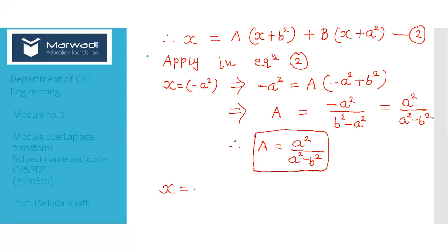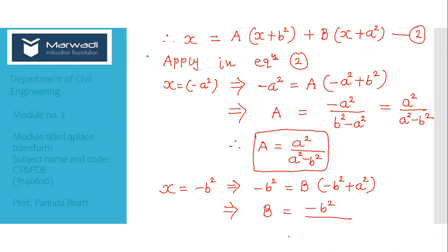Now x equal to minus b square, divided by a square minus b square, right?